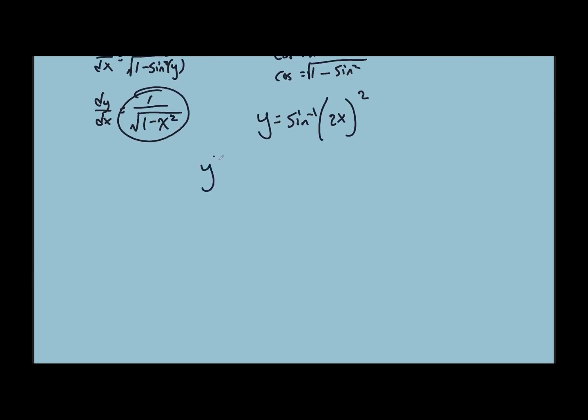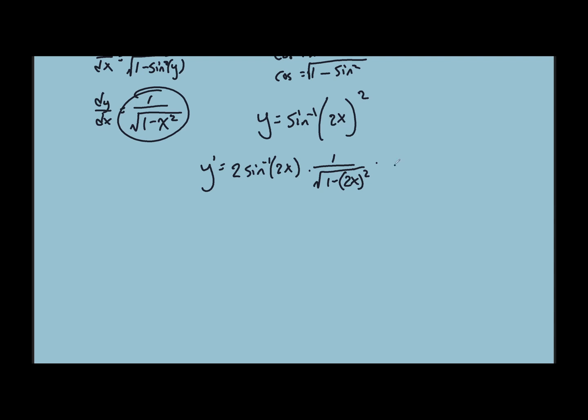y prime, what's the outer function? That's exponent rule. So make it 2 arcsine of 2x times the derivative of the inside, which is this arcsine, which is going to be 1 over the square root of 1 minus 2x squared. This is the input, not just x no matter what, times the derivative of the inside.